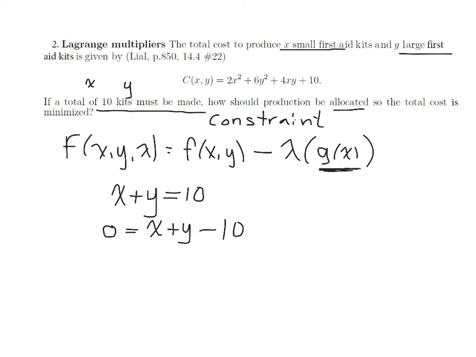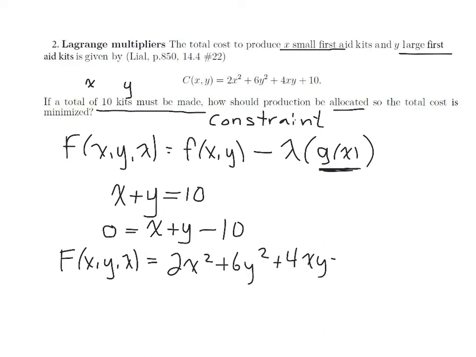Now we get to substitute the functions into the Lagrange function. So we have function x, y, and lambda is equal to 2x squared plus 6y squared plus 4xy plus 10, and then we have minus lambda times x plus y minus 10.